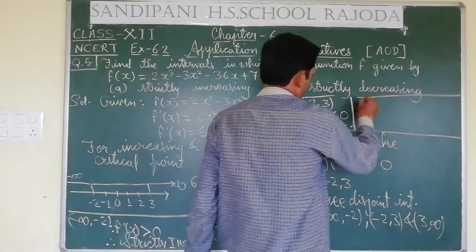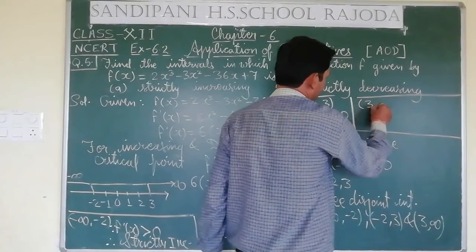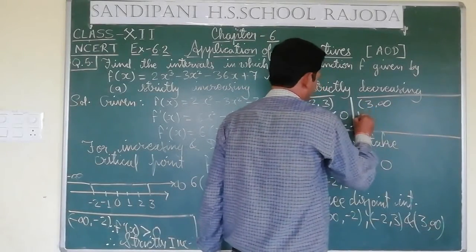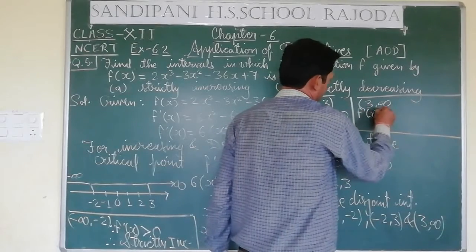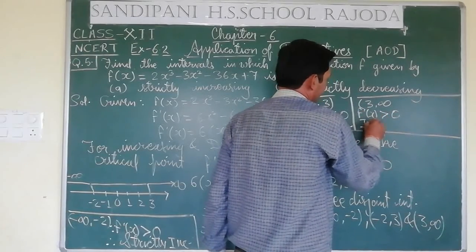So in the interval 3 to infinity, f dash x is greater than 0, which means here it is again increasing.